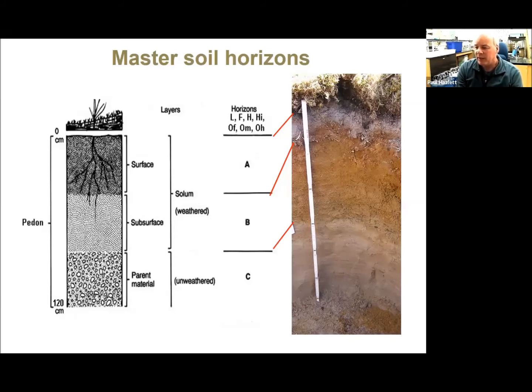So we think of A as being the surface soil, B as being the subsurface soil, and then the C horizon, we're actually getting down into our unweathered parent material. So that's what I was talking about before when I was talking about parent materials. We look at the bottom of the profile, and that's where the unaltered material is. That's our parent material. That also is classified as the C horizons. So those are the master soil horizons.